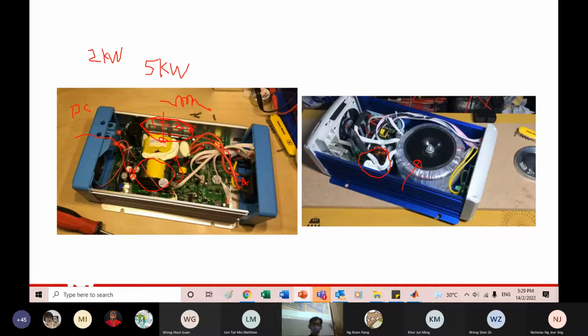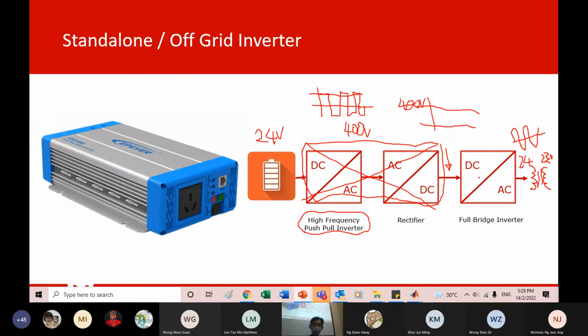Like I said, you need to know all these 4 in order to create a commercial product. If you just know this, you can use the transformer method. So these are only stand alone, remember, stand alone. They are widely used in buses, campers, cars, whatever.